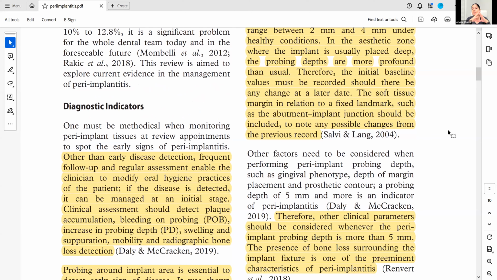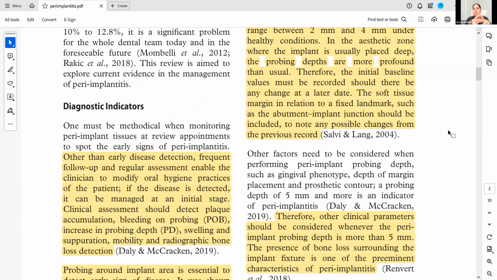Therefore, the initial baseline values must be recorded in case there is any change at a later date. That's why I also emphasized before the baseline values of the bone levels, identified with the landmark where the bone is, with which thread of the implant fixture it is correlating. You should note that down in your records.